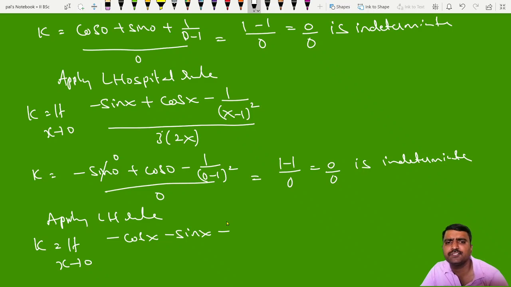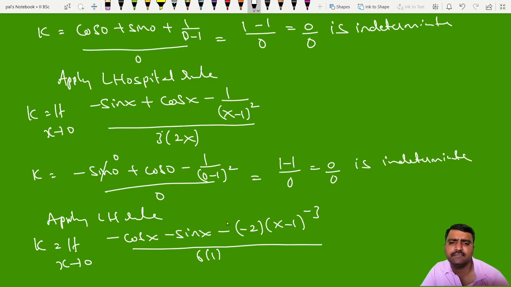Minus, the numerator term is (x minus 1) to the power minus 2. Differentiating it, it is minus 2 into (x minus 1) to the power minus 3. This divided by 3 twos are 6 into differentiation of x, which is 1. To this one you apply the limit.